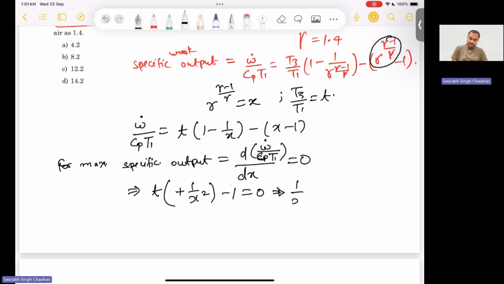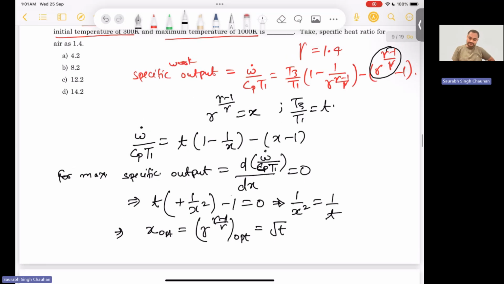So we have 1 by x square is equal to 1 by t, or you can write x optimum value. Okay, so x was nothing but r to the power gamma minus 1 by gamma optimum is equal to under root t, right?